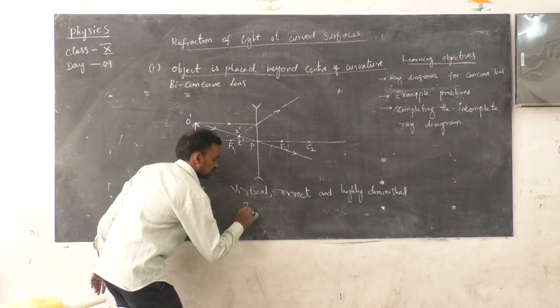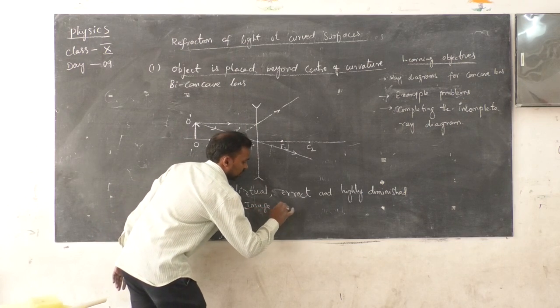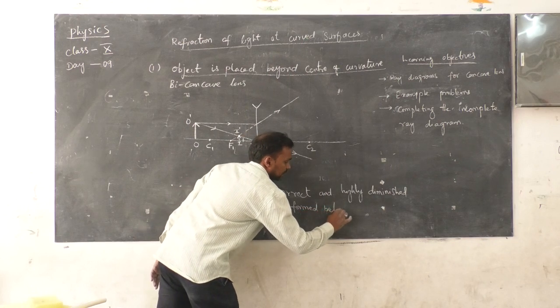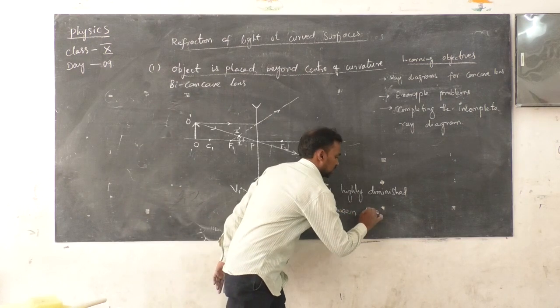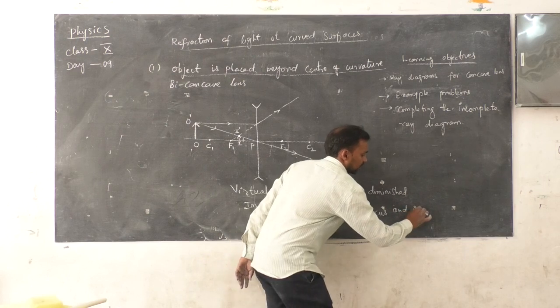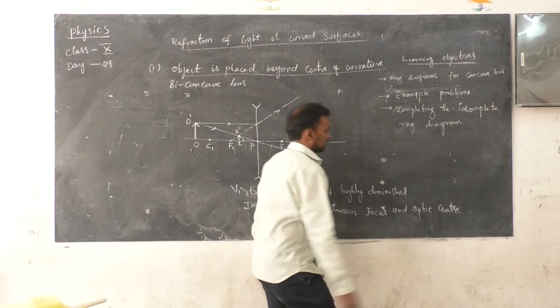So the image is formed between focus and optic center. This is the thing here.